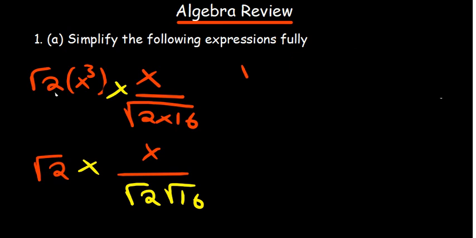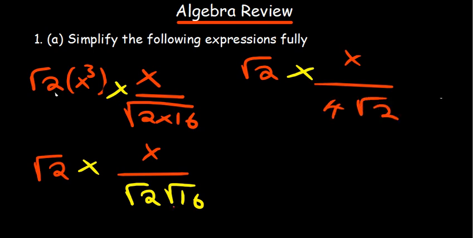So we have root of 2 multiplied by x over, so root of 16 is a 4, so we have root of 2, then, so we can basically start with a constant, so we have a 4, then root of 2. So this has been simplified, that one has stood out the way it is.